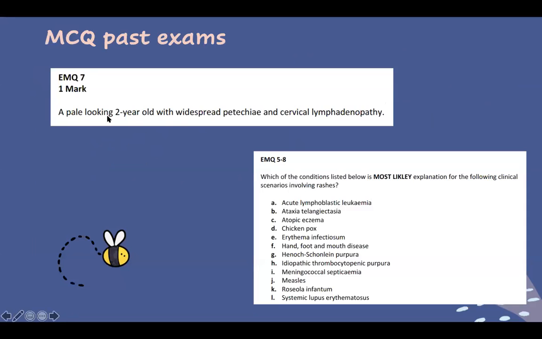Okay, a pale looking 2-year-old with widespread petechiae and cervical lymphadenopathy. This can be many things, and that's why they've kept some things out of the question. But when you see a pale 2-year-old, so obviously low Hb, low platelets, and high white cells, that just screams to me a bone marrow issue.